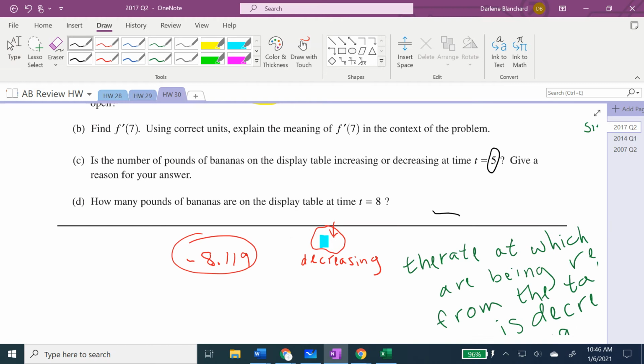So you need to say that g of t, or g of 5 minus f of 5 is equal to negative 2.263. And you need to explain that because this is less than 0, then the number of pounds of bananas is decreasing.